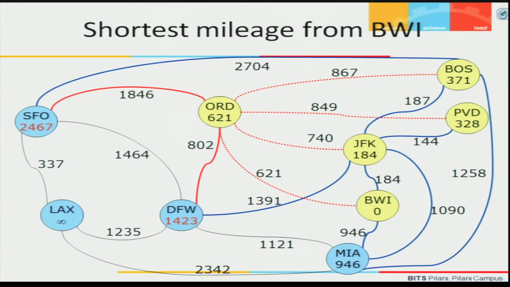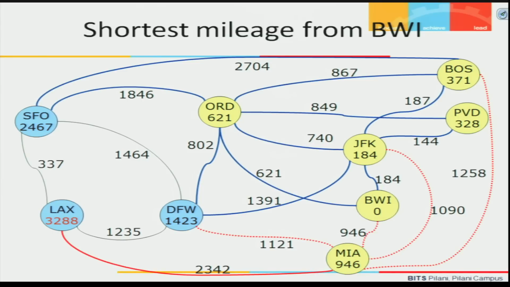until we add all the vertices. Next is going to be the one which has 946, and at this stage we have added all the vertices to our cloud, and this was our source.